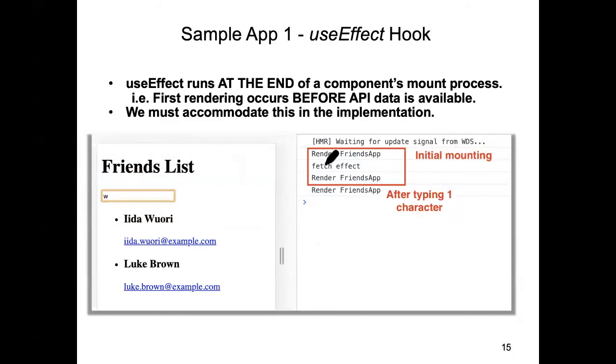And then this happens. This is coming from the useEffect hook. I had a console.log statement inside there. So it turns out that the useEffect hook, no matter where you position it physically within your component's code, is not going to execute until the component has rendered for the first time.